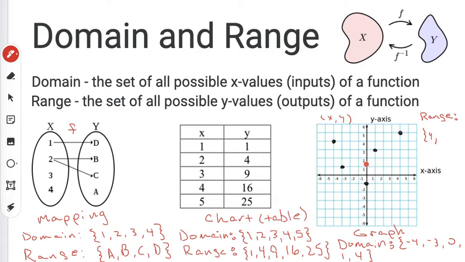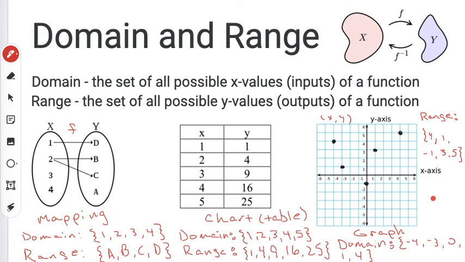The next dot is at a 1 on the y-axis, so I'm going to put in 1. The next dot is at -1 on the y-axis, so I'm going to have -1. The next dot is at 3, and then the final dot is at 5. So I need a 3 and a 5. And then I close up the set. And that is the range.